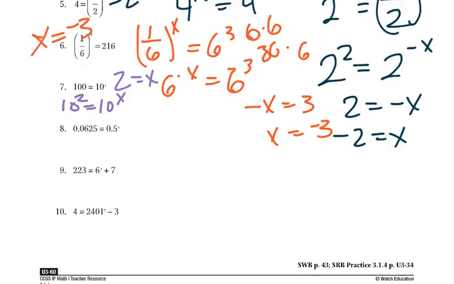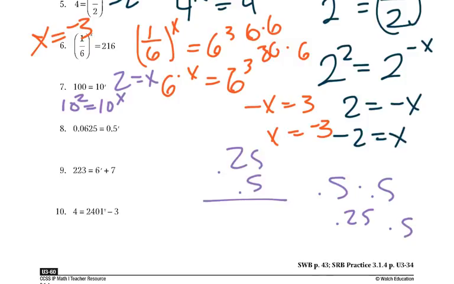Number 8, 0.5 to the x equals 0.0625. Oh, that's a tough one. That's where a calculator would help, and you just go 0.5 times 0.5, which I believe is 0.25, times 0.5, and we get 0.125, times 0.5.